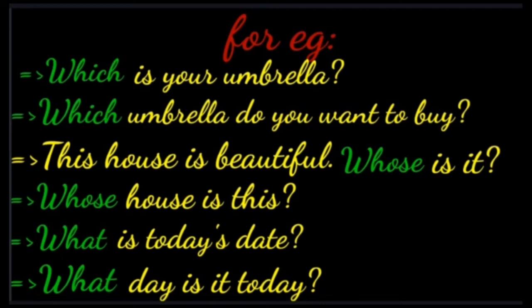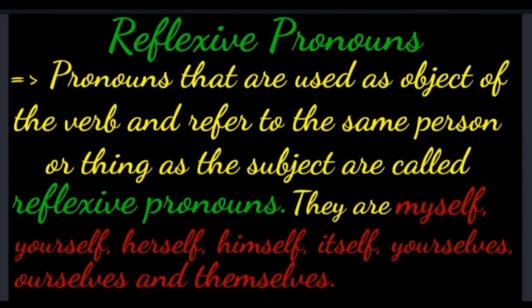I repeat, in the second sentence in each pair, which, whose and what give more information about the nouns umbrella, house and day. They come immediately before the nouns they describe. They are interrogative adjectives. Now we are moving to the next type, reflexive pronouns.